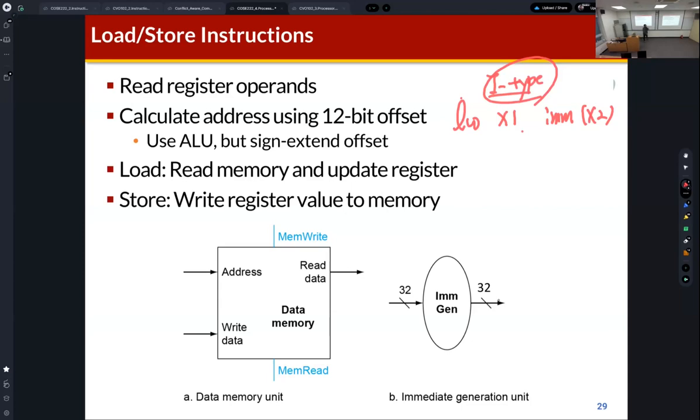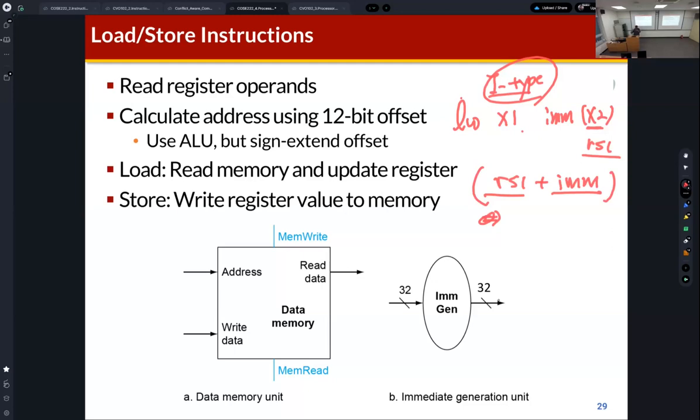The load instruction requires immediate data, and using the base address in RS1, this RS1 is added with the immediate number, and then we can calculate the target address.